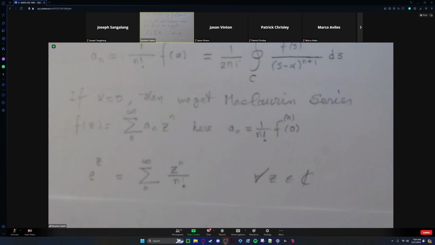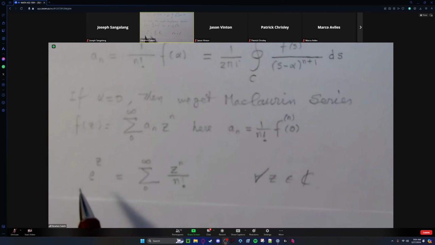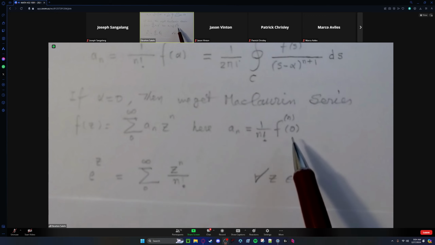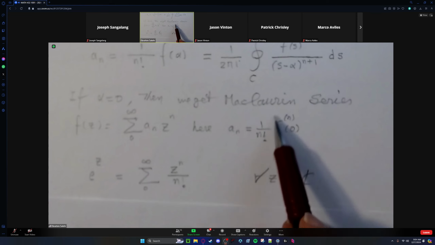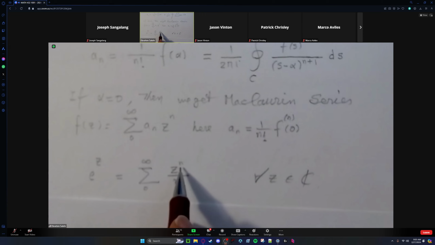And the reason for this one, if I want to have a power series using Taylor's theorem, I need the nth derivative of e to the z evaluated at 0, but the nth derivative is e to the z itself. You evaluate at 0, you get 1 here, so 1 over n factorial will be right there, and z to the n, okay?